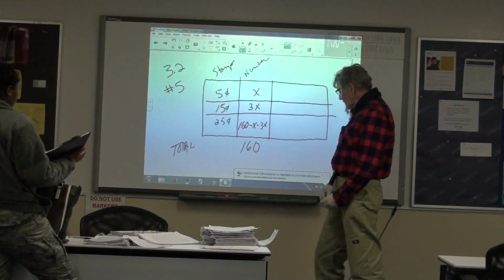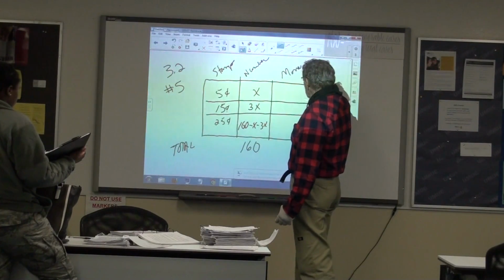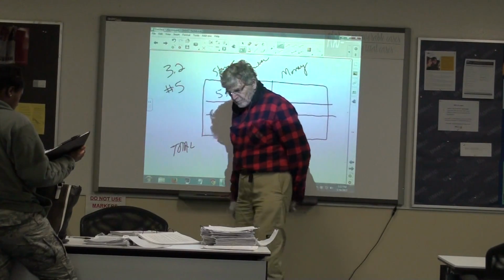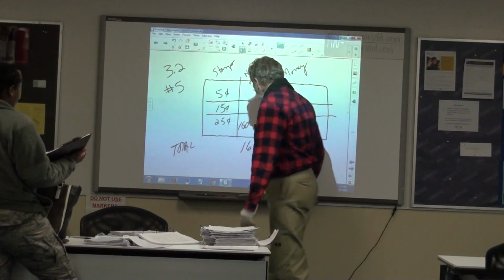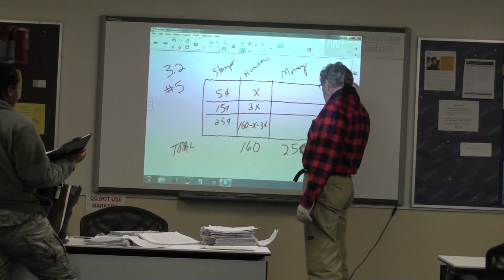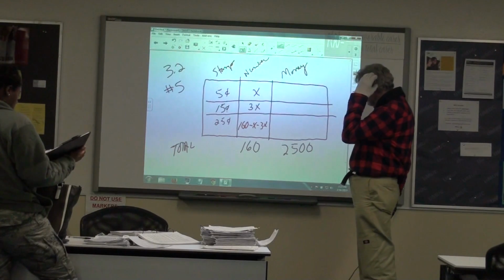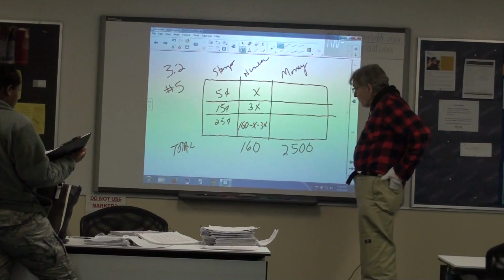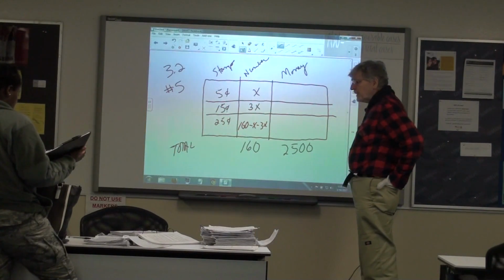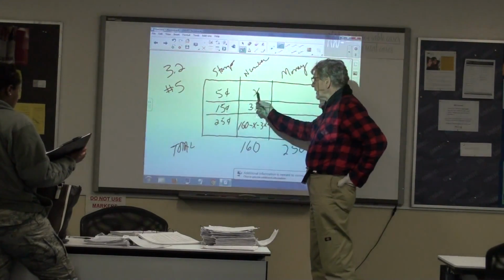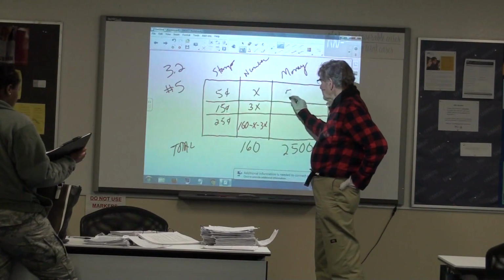Okay, now we're gonna do some money. How much was the total money? 25. I'm gonna change it to pennies, because we have to work in a consistent unit. Now, how much of this money is represented in the 5-cent stamps? Each stamp is worth 5 cents, and you have X of them, so 5X.